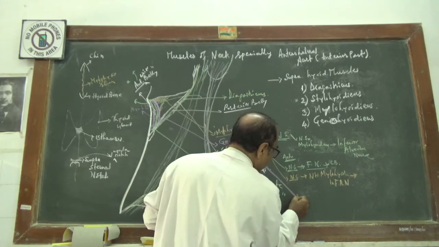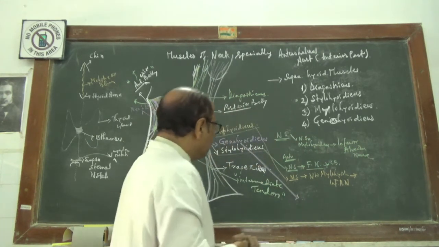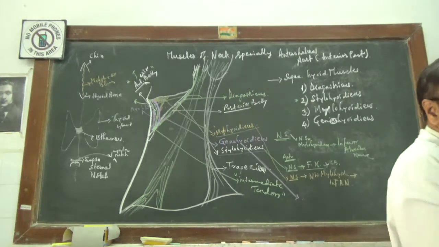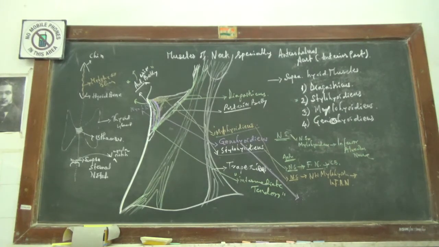Now this geniohyoideus is a very small strip of muscle which takes origin from the inner surface, just below the origin of the mylohyoideus, on either side of the genial tubercle, the geniohyoid tubercle.